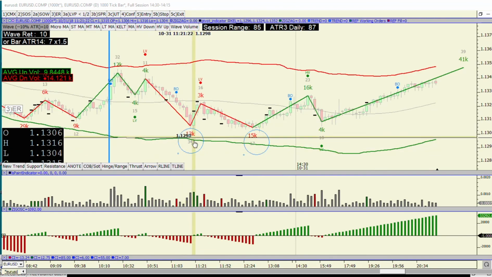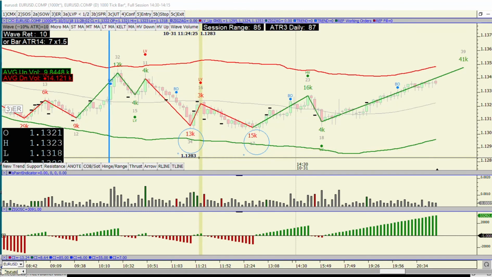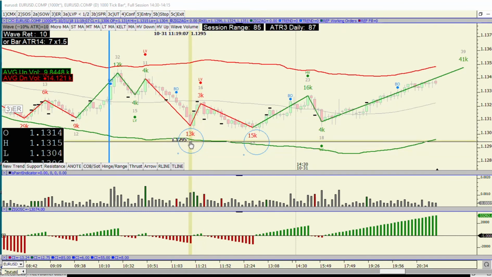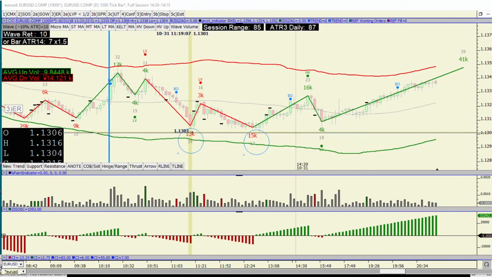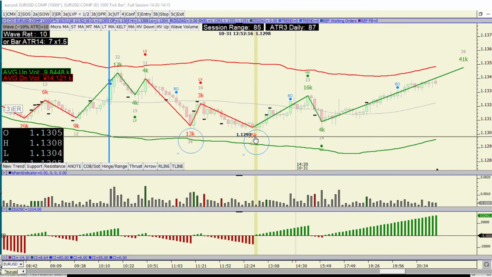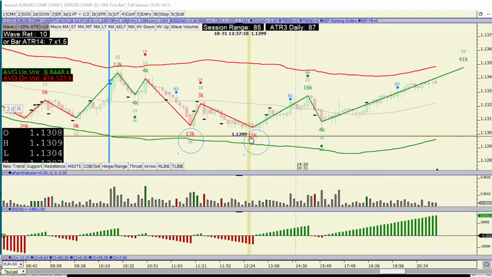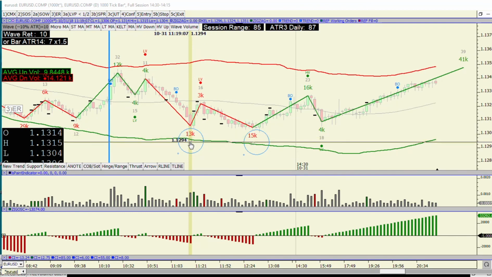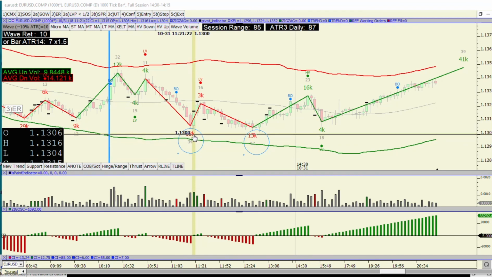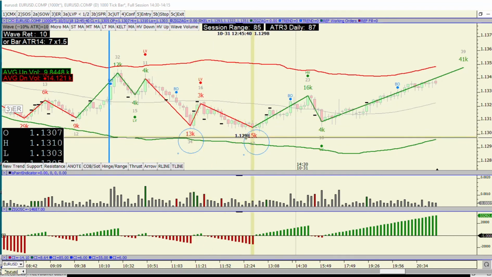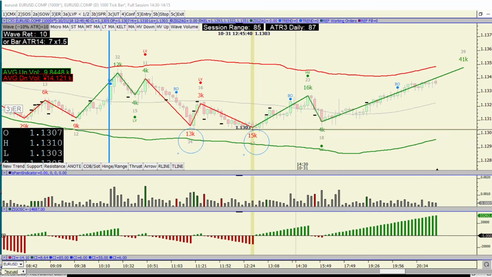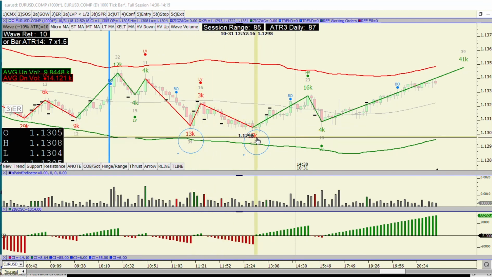So 13,000 moves 34 pips or ticks, whatever. The next wave has more volume, not 13 but 15. So if the first wave is 13,000 and produces 34 pips, what do you expect for the next wave, which has more than 13,000 volume to push?